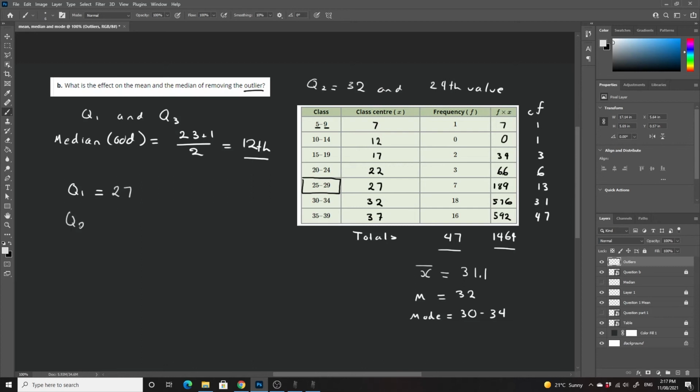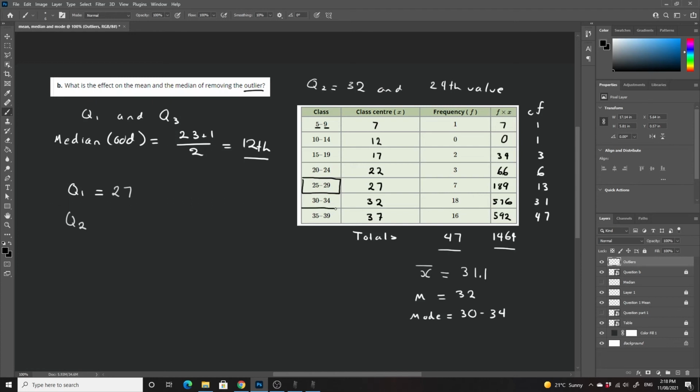And our quartile 3 is going to be our 36th value, which is our 24th value, our median, plus 12. So our 36th value is going to be, well, this is our 31st here, and then this bracket here contains our 36th value.